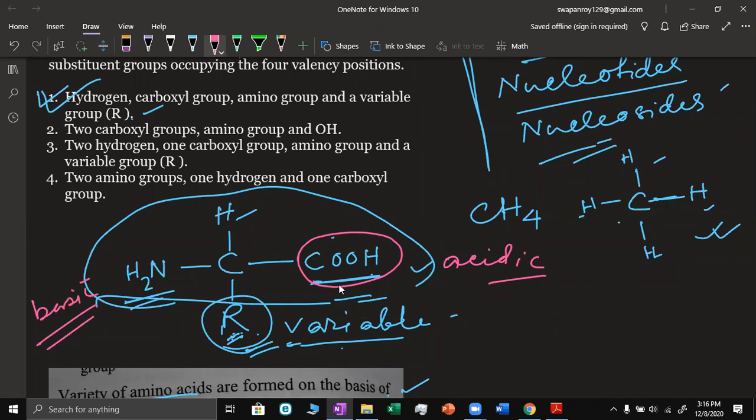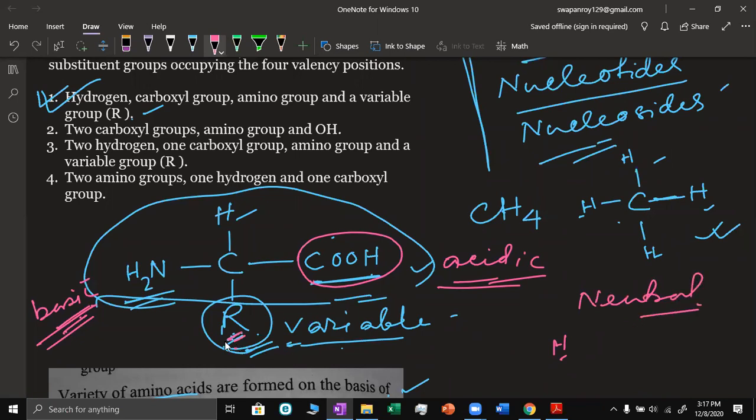So this amino acid has one acidic group and one basic group, and if this R is, say, H, it is not acidic or basic. Then what type of amino acid will it be? This is acidic, this is basic, then this will be a neutral one, is it?